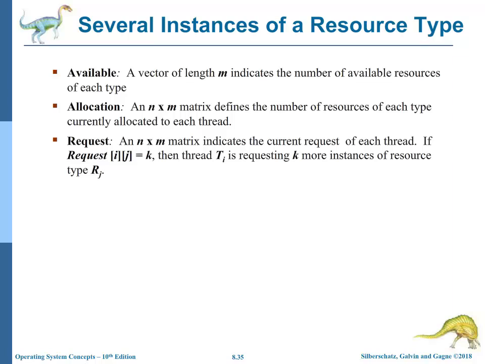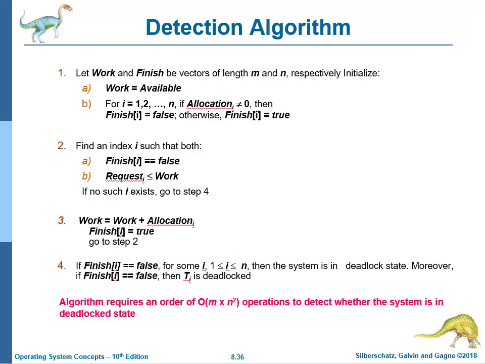If Request[i][j] equals k, then thread Ti is requesting k more instances of resource type Rj. This is the detection algorithm. You can view the video below this video for the explanation of the algorithm.